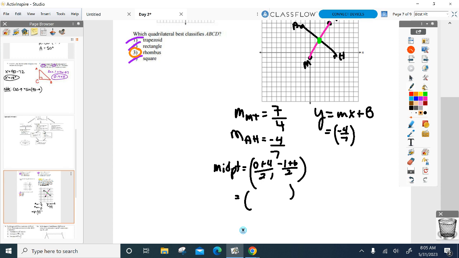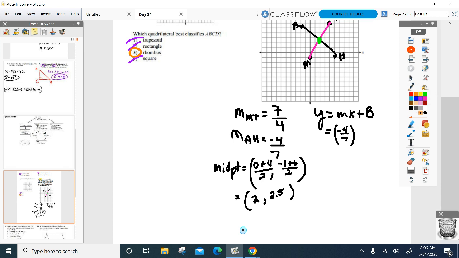We've got decimals and fractions working. 2 and 2.5 for the midpoint. So that's what AH goes through.